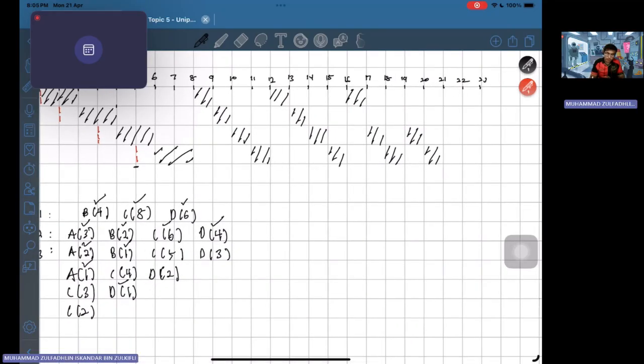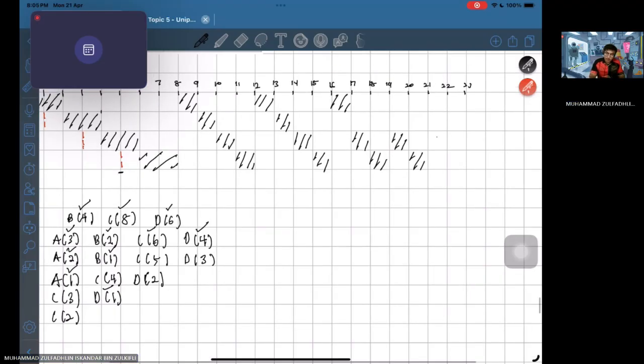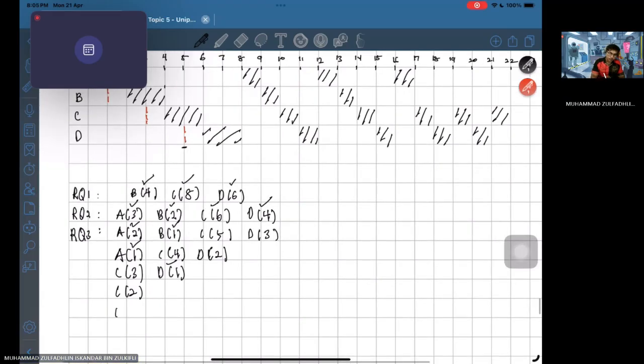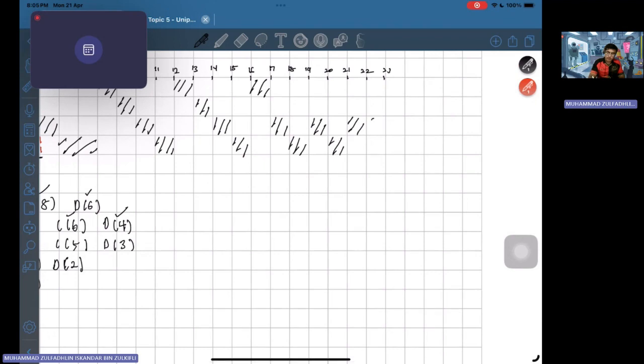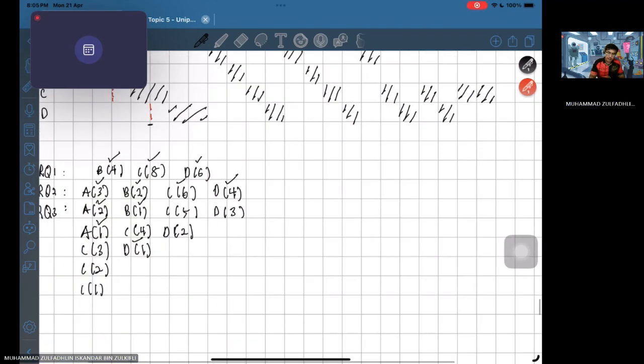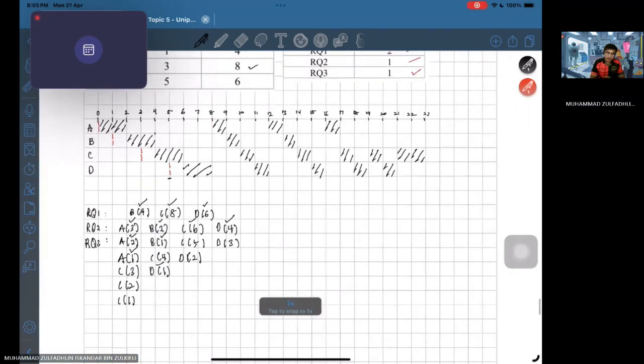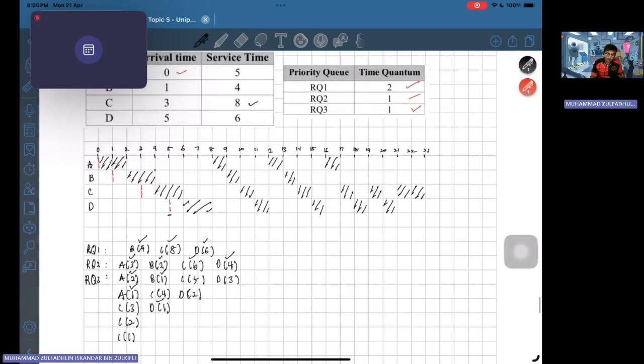So we shall move to C. C we have 2 remaining service time, and here we shall complete only 1 turn, and then the remaining is 1. And then we shall complete the process C, and all the services are complete.